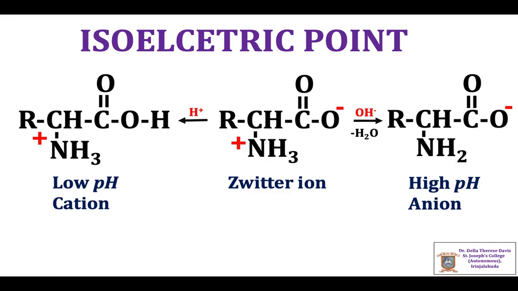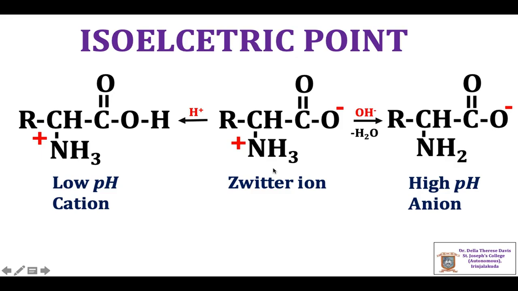So for each amino acid, there is an intermediate pH at which the amino acid will exist as a zwitter ion and carries no net charge. The positive charge on nitrogen is cancelled by the negative charge on carboxylic acid group.